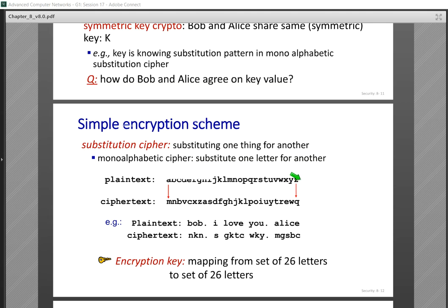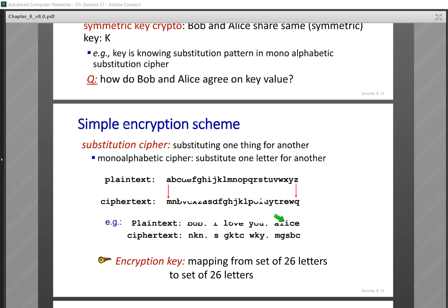Here we have different English characters, and we substitute those characters with others. For example, instead of A, we can use M. Instead of B, we can use N. Or instead of Z, we can use Q.